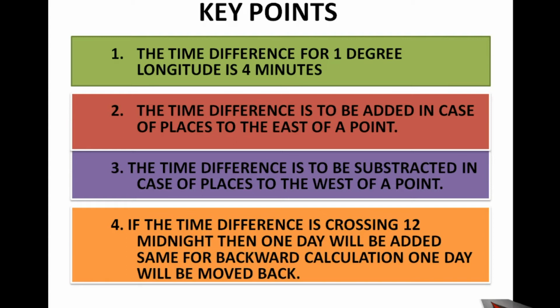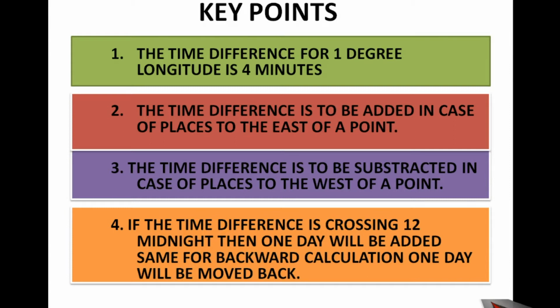We have to keep in mind some important points. Let's look at these points. The first key point is that the time difference for 1 degree longitude is 4 minutes.